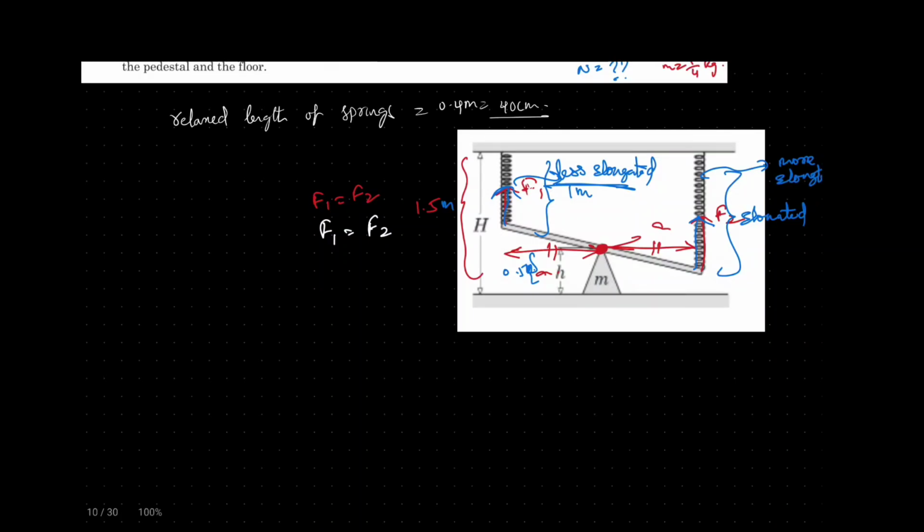Since F1 is equal to F2, and this elongation is more, K should be less. The stiffness of the spring must be less. I hope you understood what I'm saying.